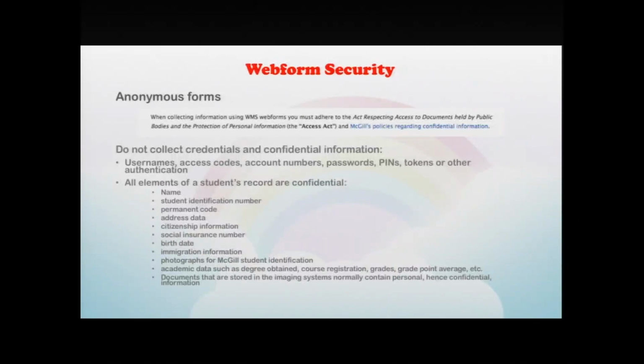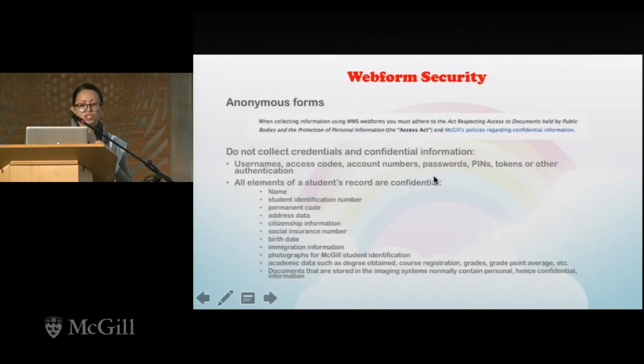So, if you've been working with forms lately, and this does not just have to do with anonymous forms, but also with authenticated forms, you will have probably seen this notice here at the top with a link to the McGill policies regarding confidential information. Now, what that link basically says is advising you that you should probably not collect credentials and confidential information on your email.